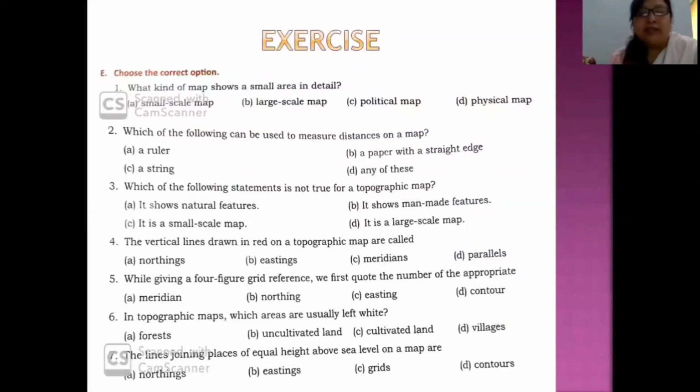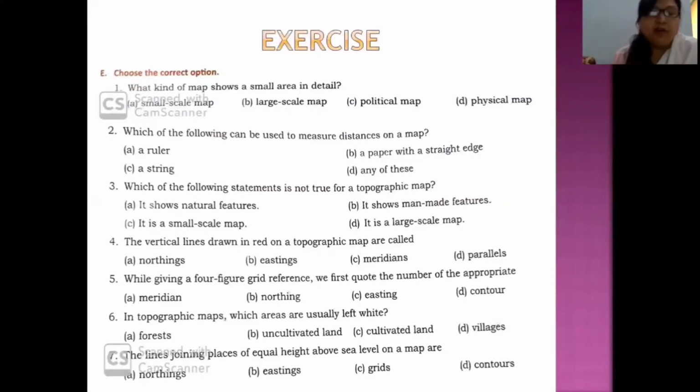So all these three, a ruler, a paper with a straight edge and a string, any of these we can use to measure the distance on a map.